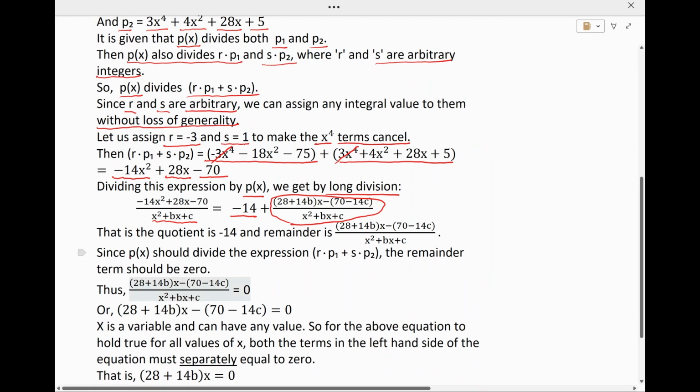Since P(x) should divide the expression R·P1 + S·P2, the remainder term should be 0. That means ((28 + 14b)x - (70 - 14c)) divided by (x² + bx + c) is equal to 0.